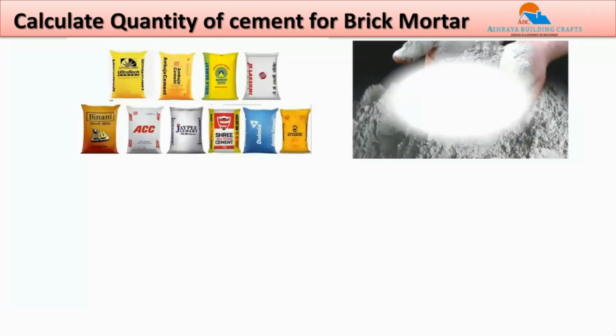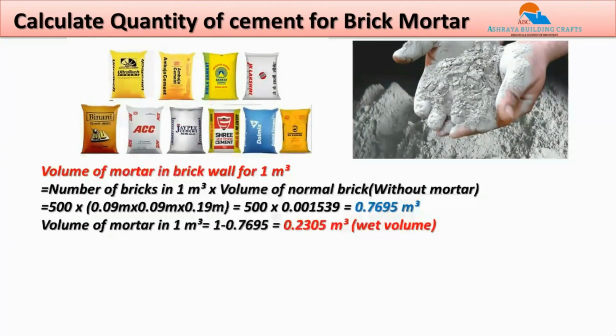To calculate the quantity of cement required for a brick mortar, volume of mortar in brick wall for 1 cubic meter, that is number of bricks in 1 cubic meter multiplied with volume of normal brick results 0.7695 cubic meter.